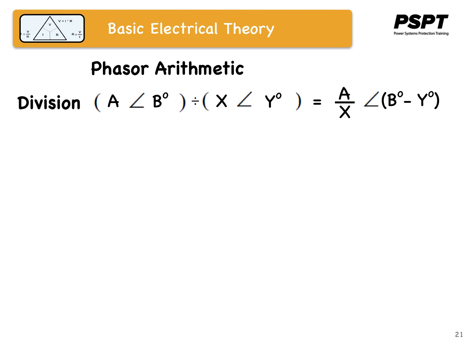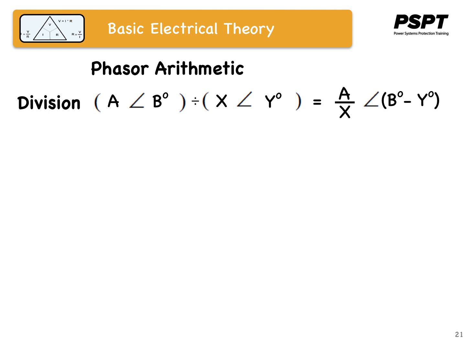Now, division is much the same as multiplication in that you're going to divide the magnitudes, one magnitude from the other, and you're going to subtract the angles.